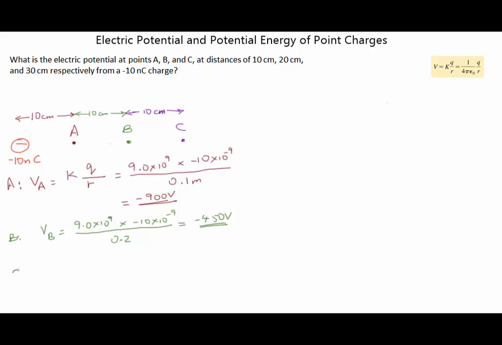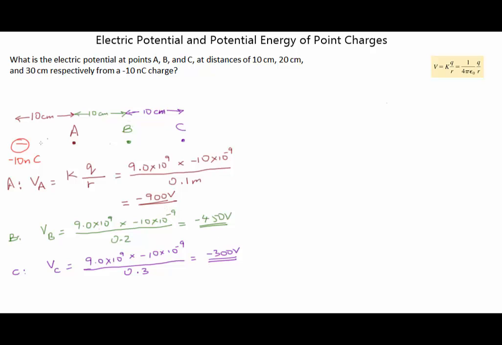And finally for C, VC would be the same K value, same charge, but a different distance. The distance of point C from the charge is 30 centimeters, that's 0.3 meters, and that'll give me minus 300 volts.